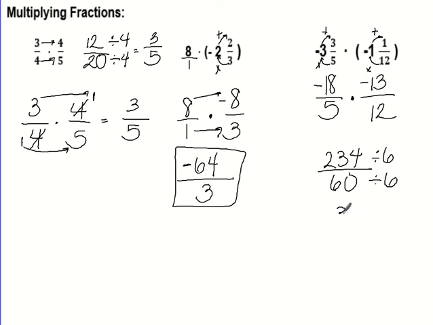So this gets me 39 over 10, and then I'm going to leave it. That's the reduced form. The reason I knew it was 6 is 18 can be divided by 6, and in the denominator, 12 can be divided by 6. If you couldn't catch that right away, you should have divided by 2 and then 3. That was a little trickier, but we do need to make sure we do our best to reduce.